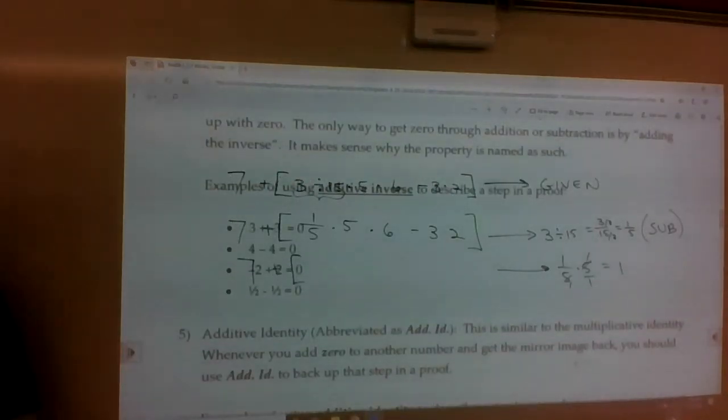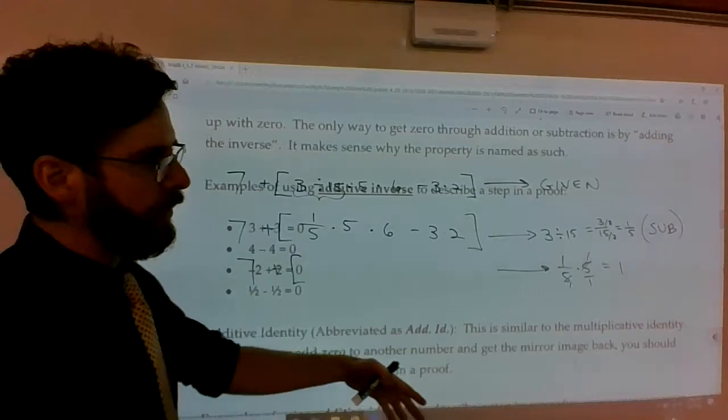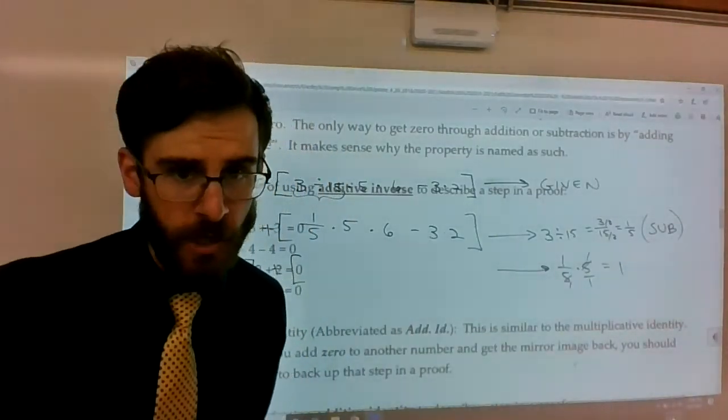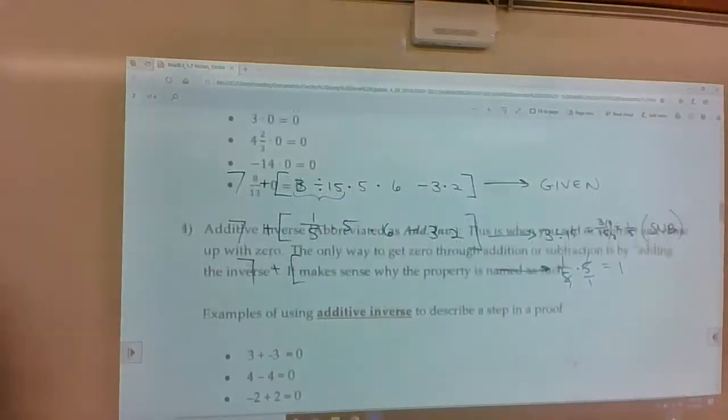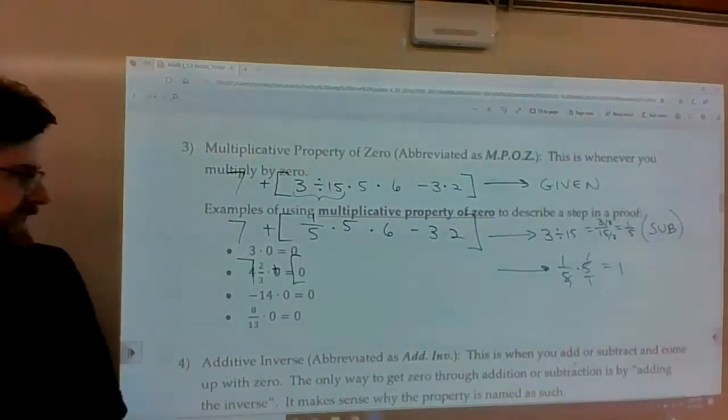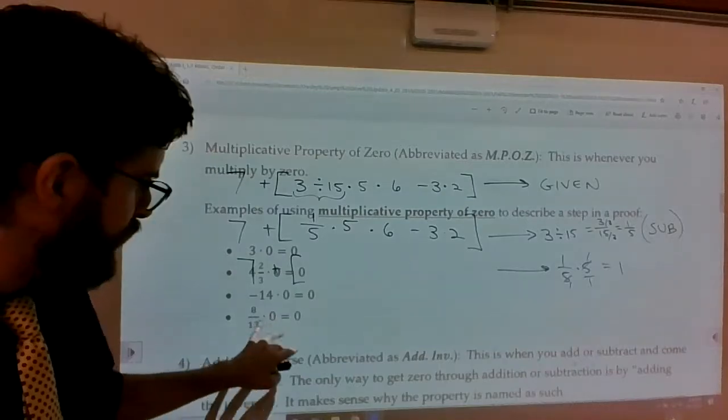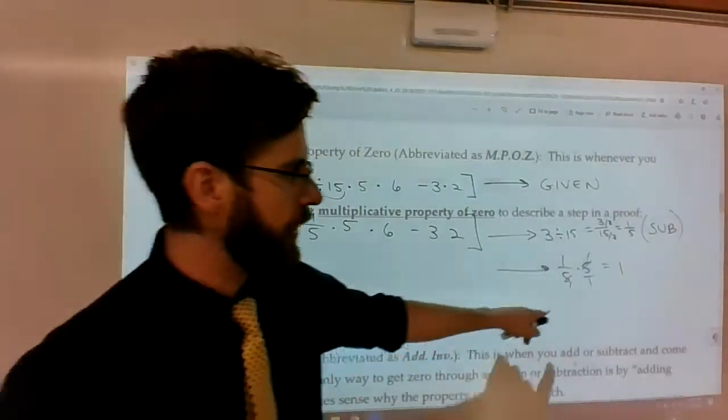It's not additive inverse because we're not getting 0 through a calculation. We're not even adding or subtracting, so it's not additive inverse. It's not the multiplicative property of 0 because we're not multiplying and getting 0.